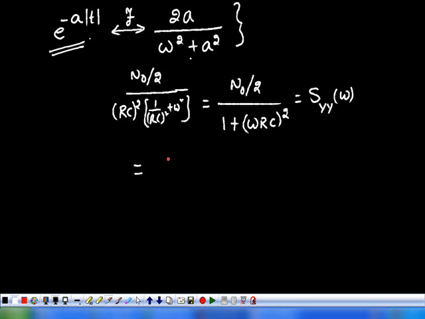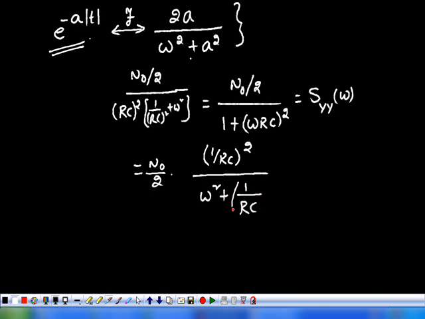Can I write this as N naught by 2, where N naught is a constant and 2 is a constant, so 1 by RC square divided by omega square plus 1 by RC whole square.